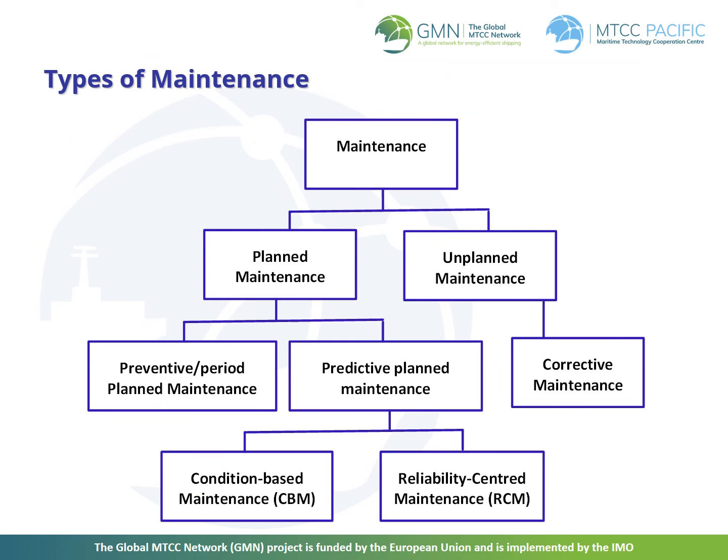The shipping company usually chooses the most appropriate maintenance type for various ships' equipment based on its maintenance policy or strategy. The diagram above indicates different types and policy options. These are outlined in the next slide.